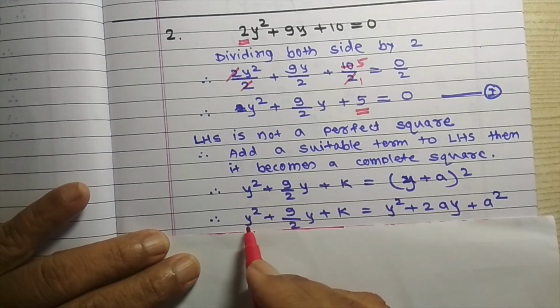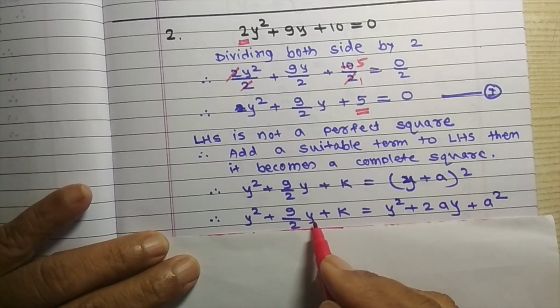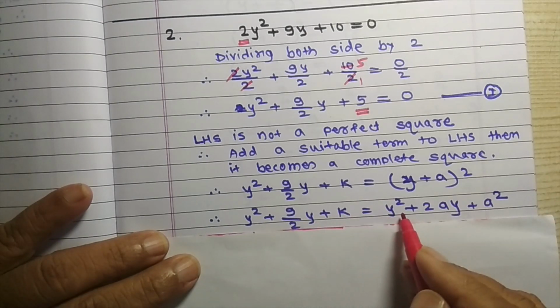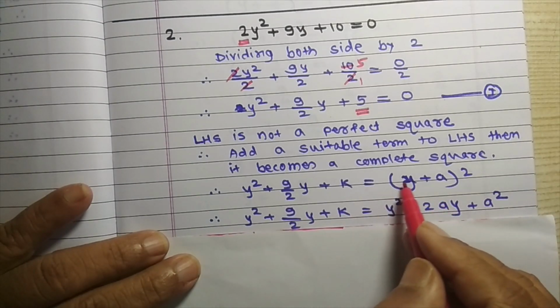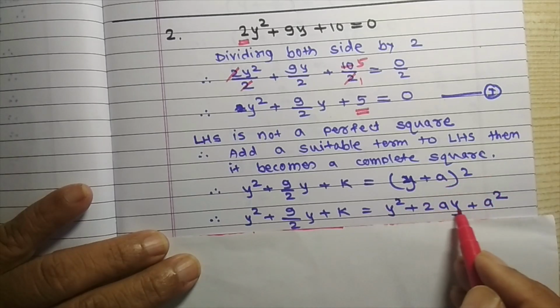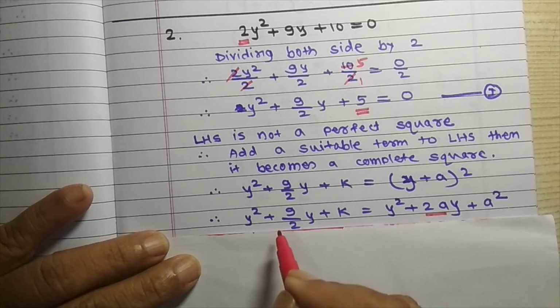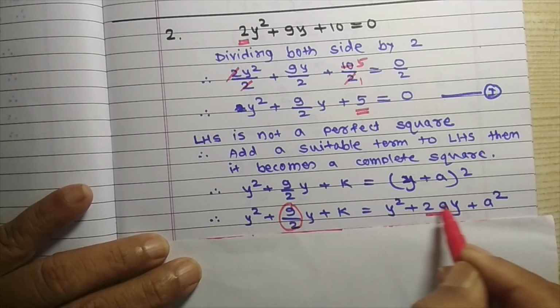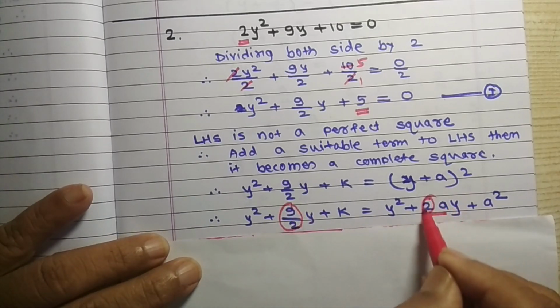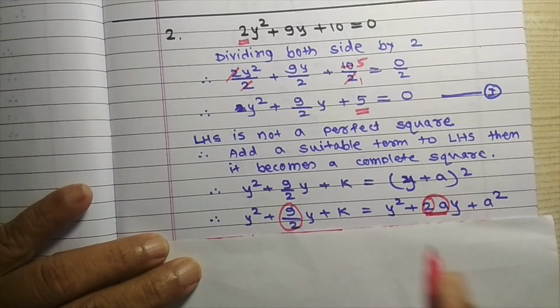Then it becomes y square plus 9 upon 2y plus k is equal to y square plus 2 into first term into second term, means 2ay, plus square of the second term, means a square. See here, these two are the coefficient of y. Means 9 upon 2 is equal to 2a.